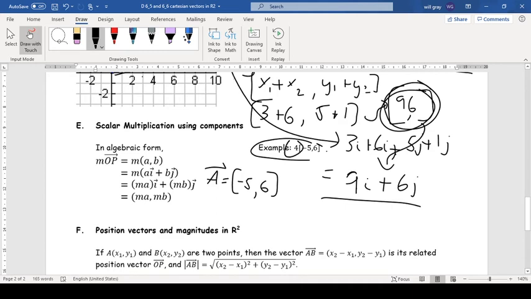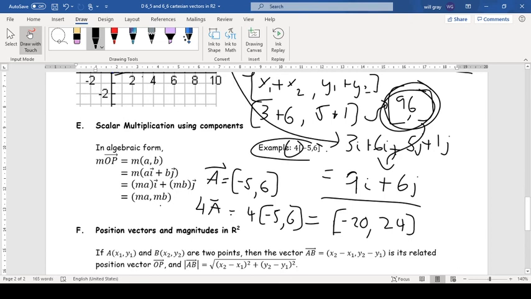You could just say 4 times vector A equals 4 times [-5, 6], and the result would be a new vector that goes in the exact same direction but is 4 times as long. So that would equal [-20, 24], a vector with the same direction but greater magnitude than the original vector.